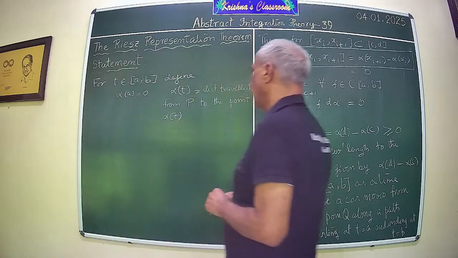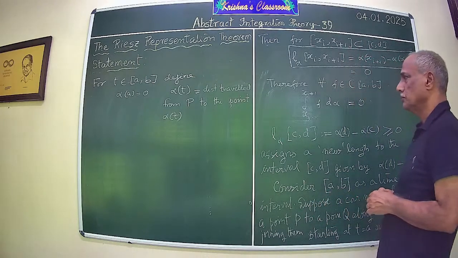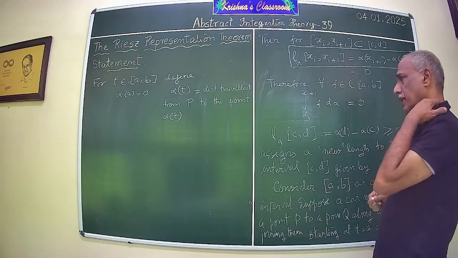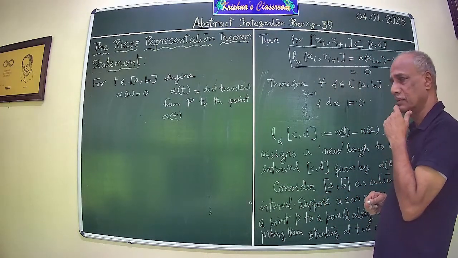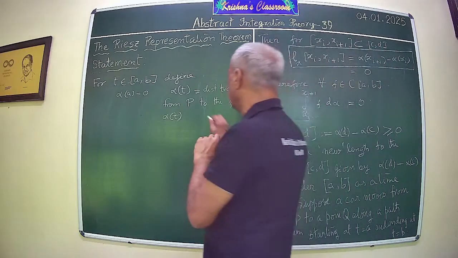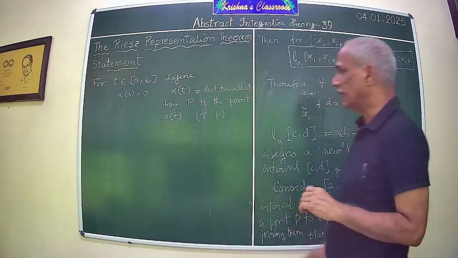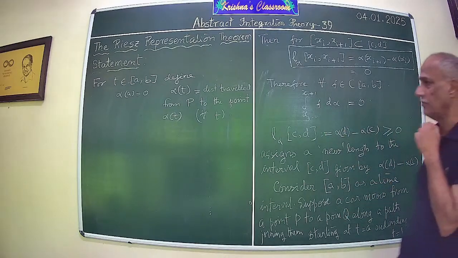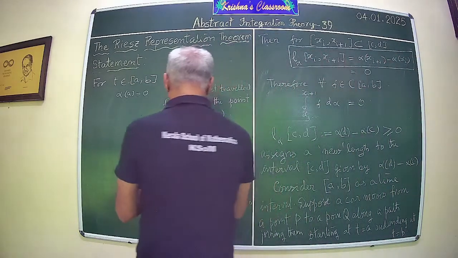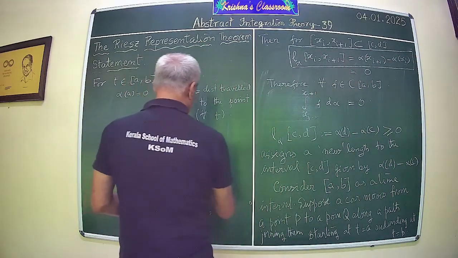And this you define for every t. That defines the alpha function. So the alpha function will be something like this. You plot this alpha function.